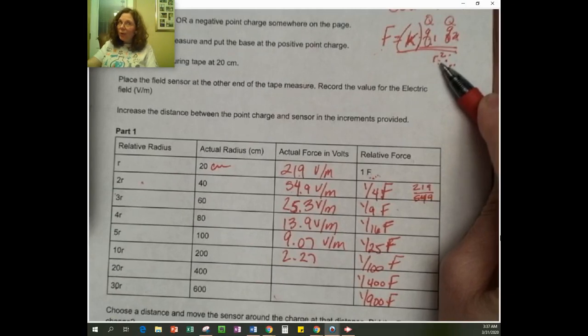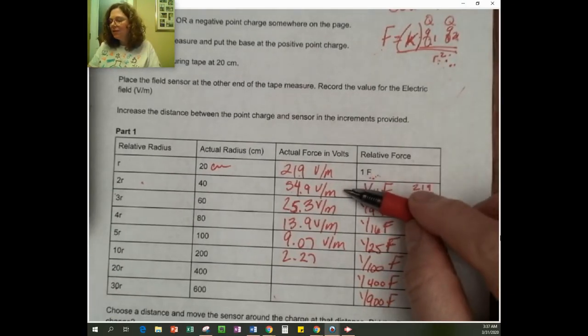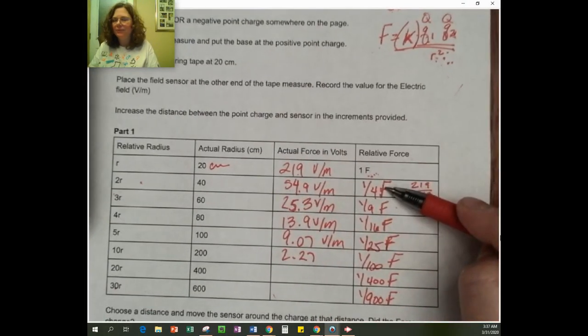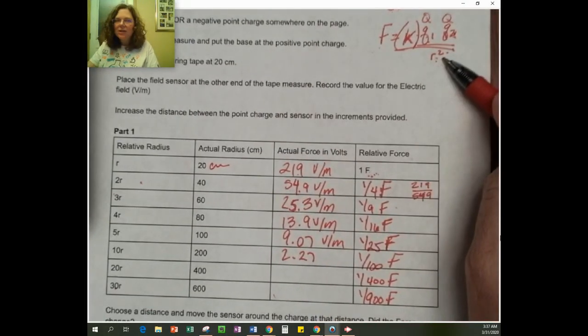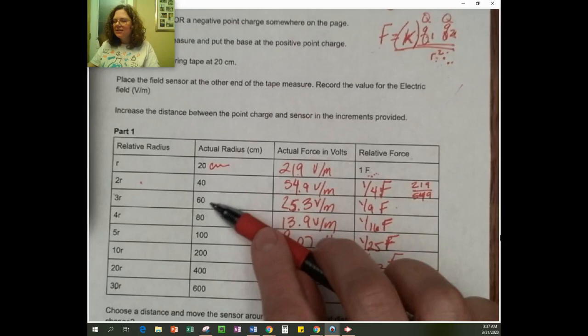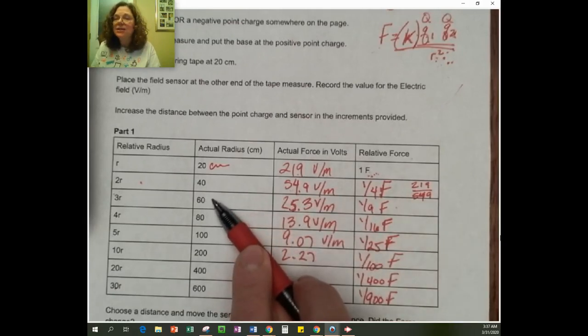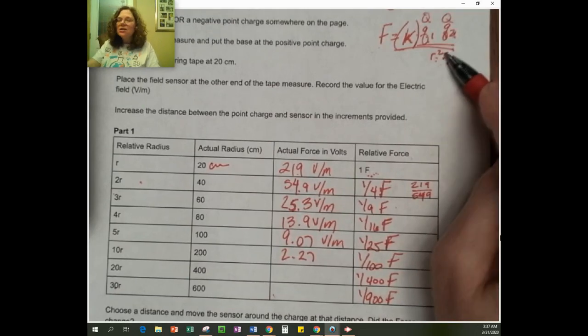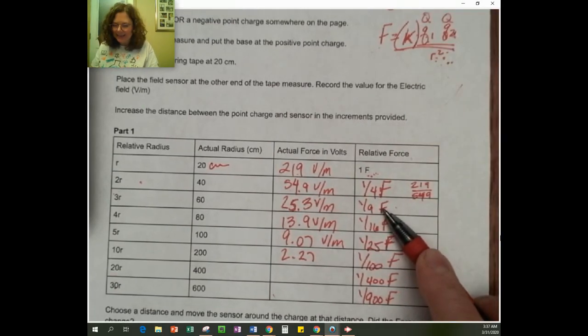And it's also squared. So even though we took it to be twice the distance, it's not half because it's squared. So it's 2 times 2, which is 4, so it's 1/4. This is 3 times the distance, but it's not 1/3 because it's squared, so it's 1/9.